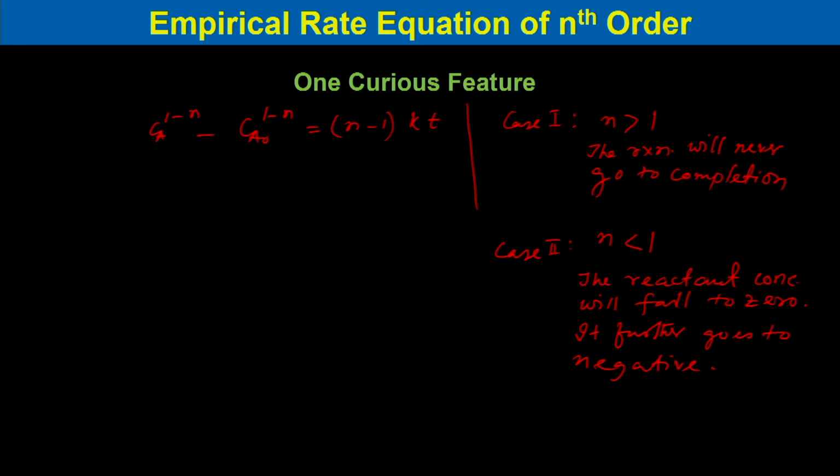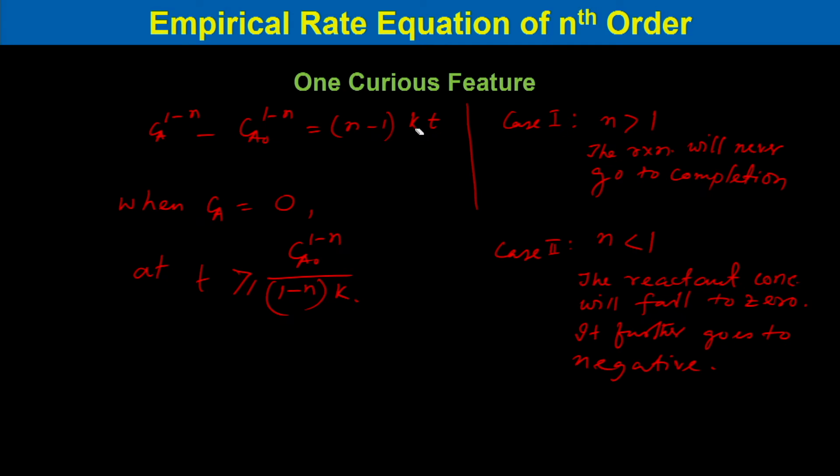So, we should not carry out the integration beyond a certain time, at which the concentration of the reactant falls to 0. We can calculate that when C_A is equal to 0, the time t is equal to C_A0 to the power 1 minus n divided by 1 minus n into k.